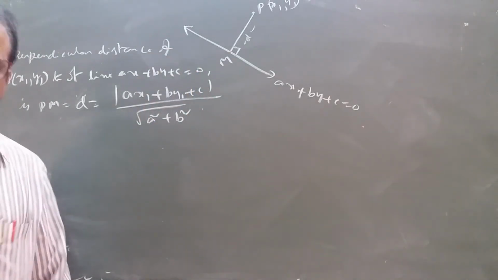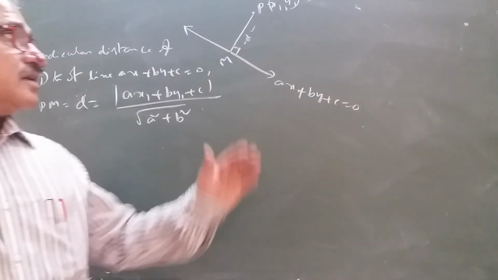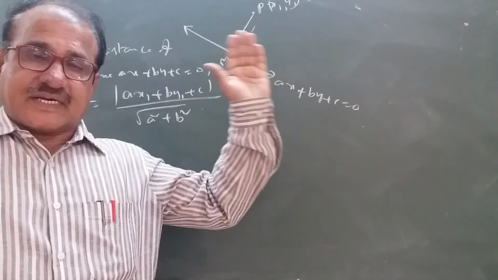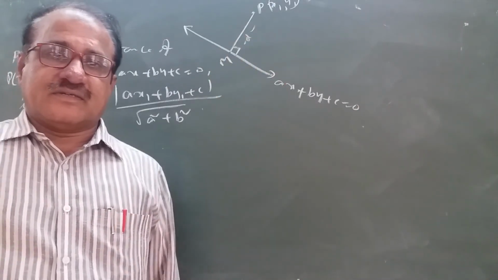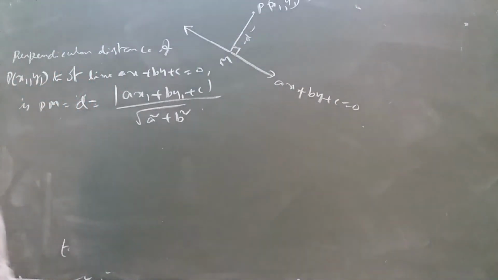By using this formula, we can find the distance between a straight line and a point.